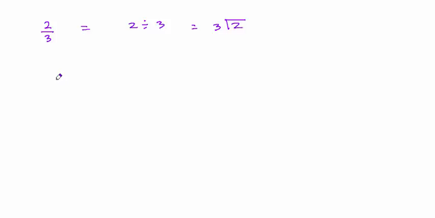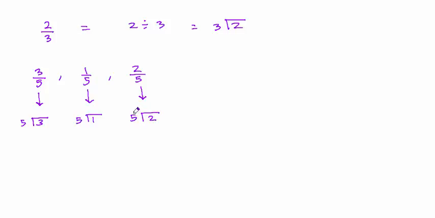And given a set of fractions with the same denominators, for example, let's say 3/5, 1/5 and 2/5, you could change each one of them to the corresponding division sentence. So this is 3 divided by 5, this is 1 divided by 5, and this one's 2 divided by 5.